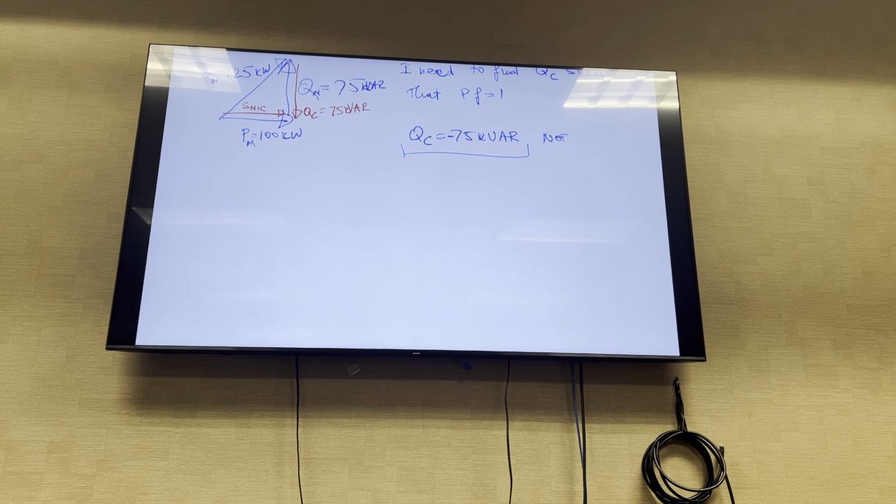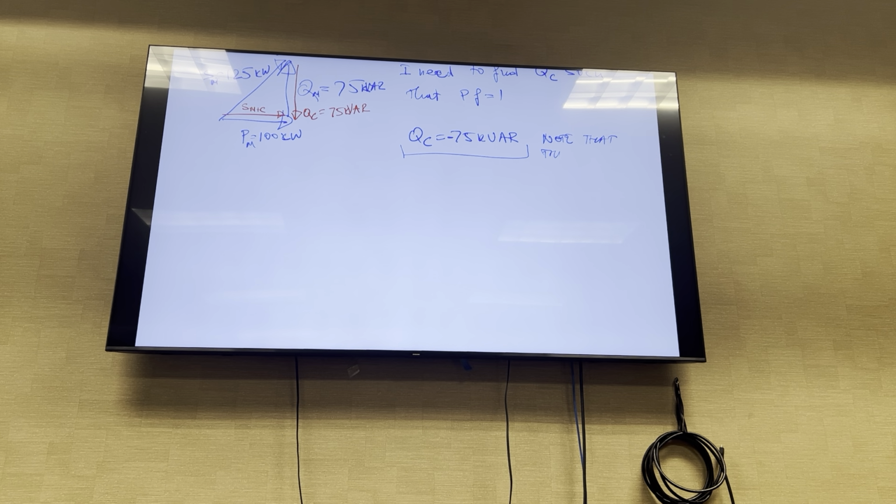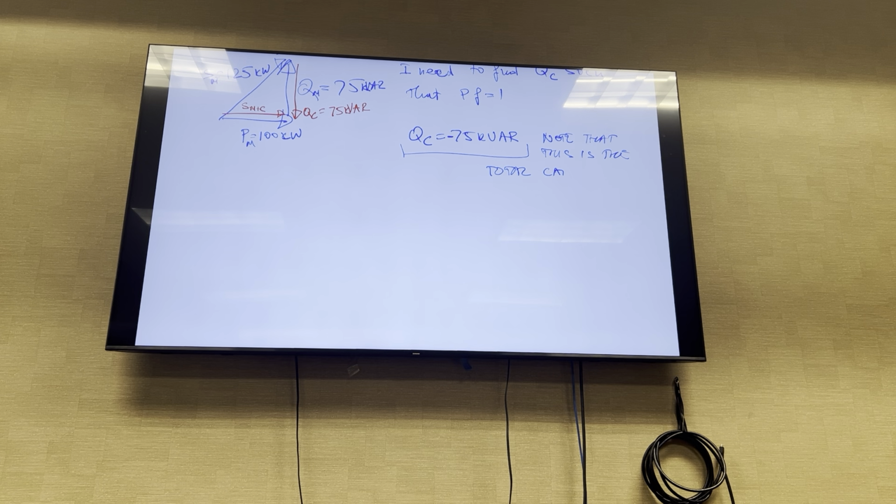So note that this is the total three-phase cap bank reactive power.